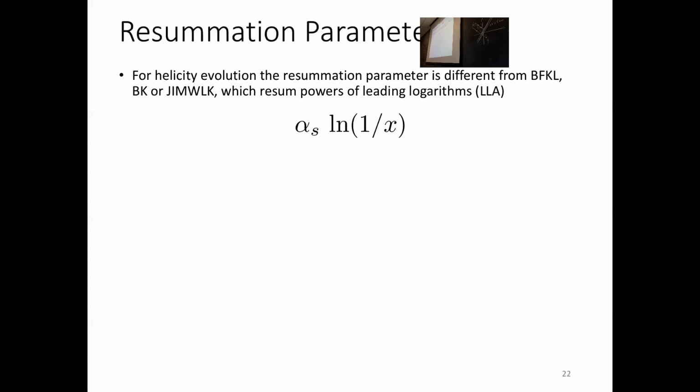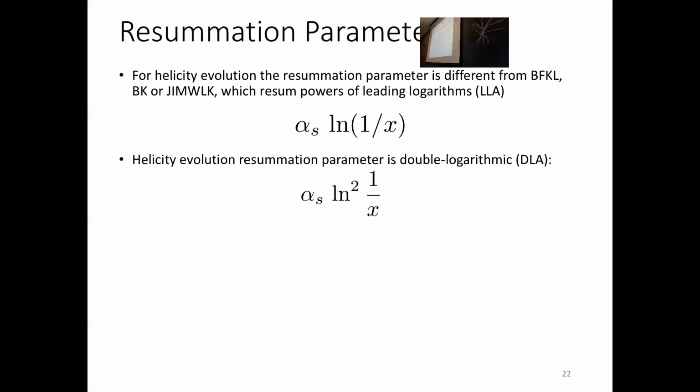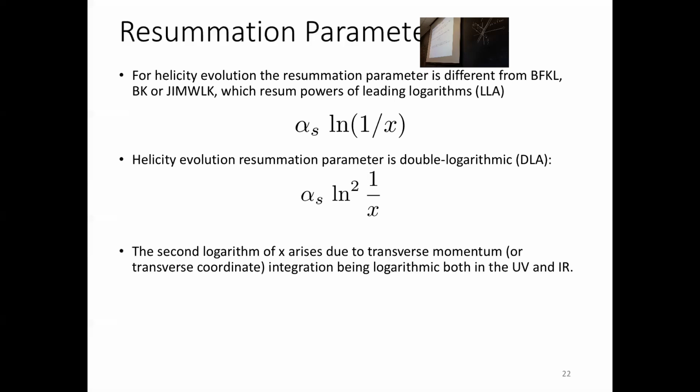So that was the unpolarized case, right? For unpolarized TMDs like F1Q or F1G. Here we actually have a different parameter. For helicity evolution, the parameter is alpha s times 2 powers of log 1 over x. Again, I don't have the time to talk about details. But the point is, where does the second log come from?